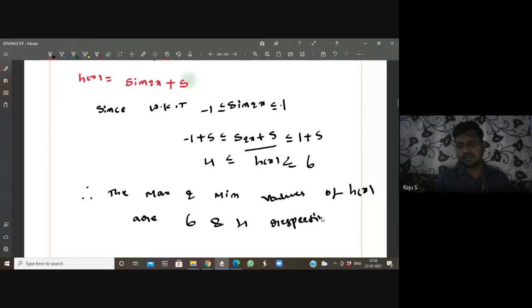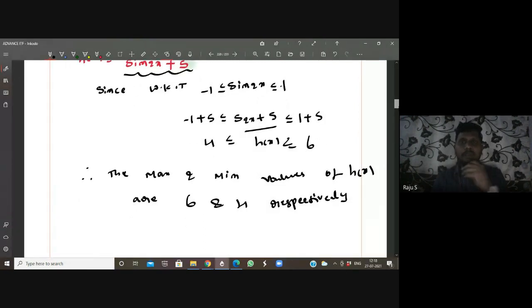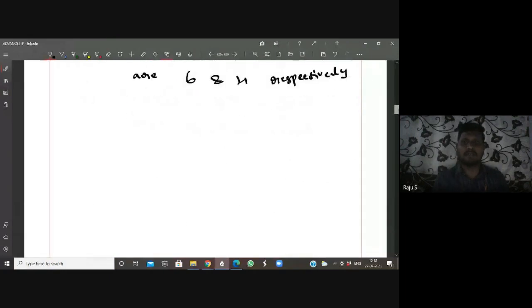That's it. Is it clear? This solution is enough. These steps are enough. Sin 2x lies between -1 and 1. Then the given function is sin 2x plus 5, so adding 5 on both sides we get 4 to 6. Minimum value is 4, maximum value is 6. That's it.